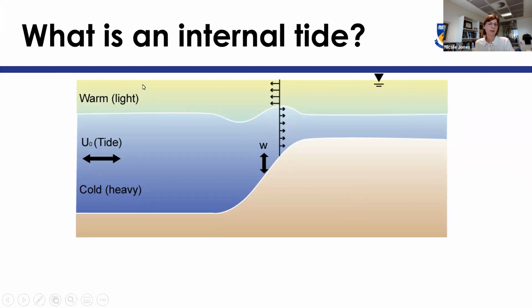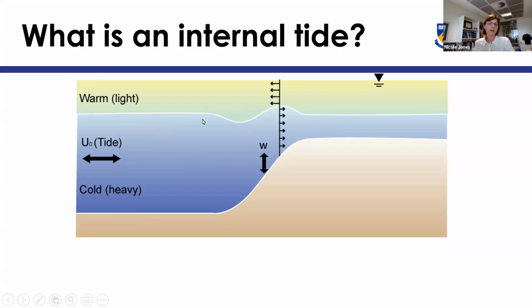Within the ocean we have different density layers. In this diagram we've simplified it into a two-layer ocean. So we have our warm light water overlying our colder heavier water. And when we perturb this interface, then a wave propagates away in either direction, with gravity as its restoring force.